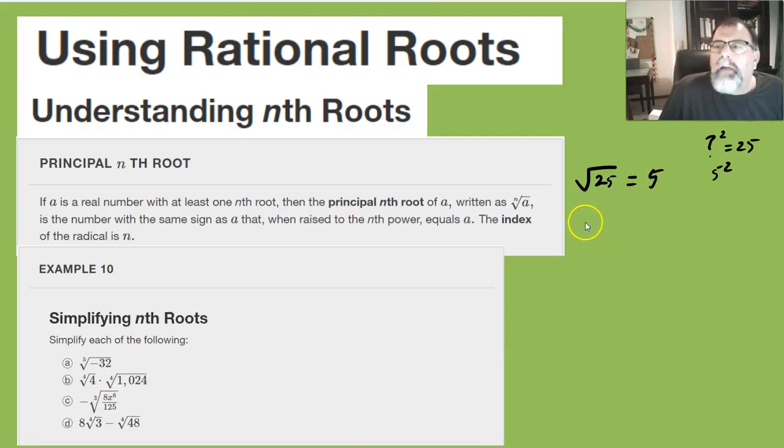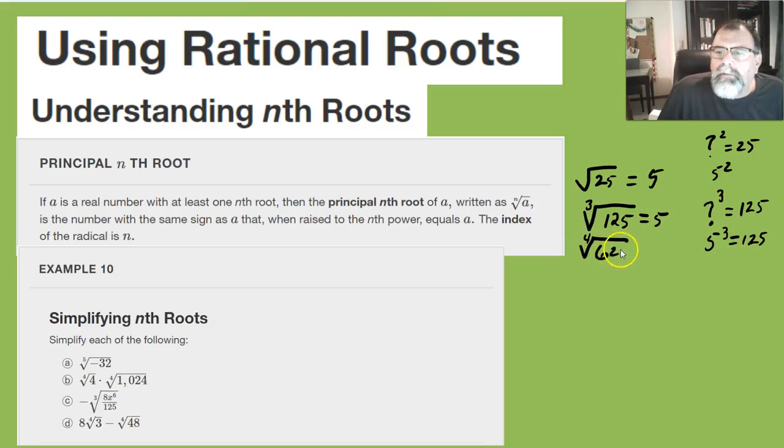Now if we do the cube root of 125, we're saying what cubed is 125? And that's 5 cubed, because it's 5 times 5 times 5. So that's 5. If I did the fourth root of 625, we're saying what to the fourth power is 625, sorry. Which is 5, because 5 to the fourth power.